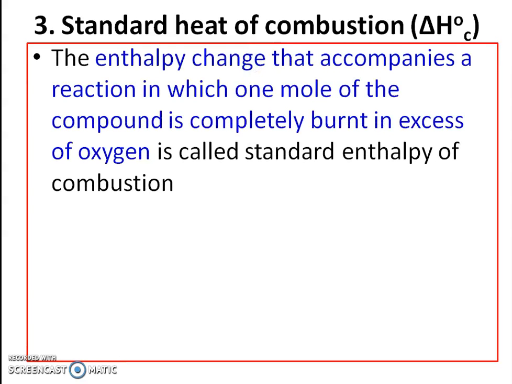Therefore the standard heat of combustion is the enthalpy change that accompanies a reaction in which 1 mole of compound is completely burnt in excess of oxygen. It is called standard enthalpy of combustion.